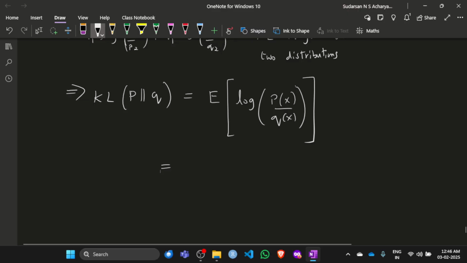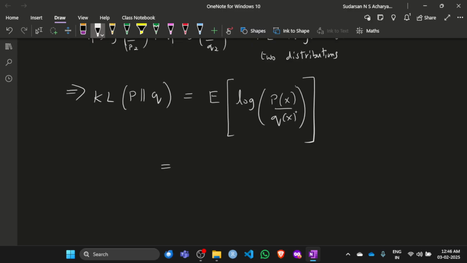For example, the probability that the coin shows up heads, I know is this value. The probability that the coin shows up tails, I know is this value. Somebody else comes and claims that I have a different distribution for that coin showing up heads and tails, just like the example I showed you about. So we want to calculate the expected value of the ratio of the likelihoods with the log applied.